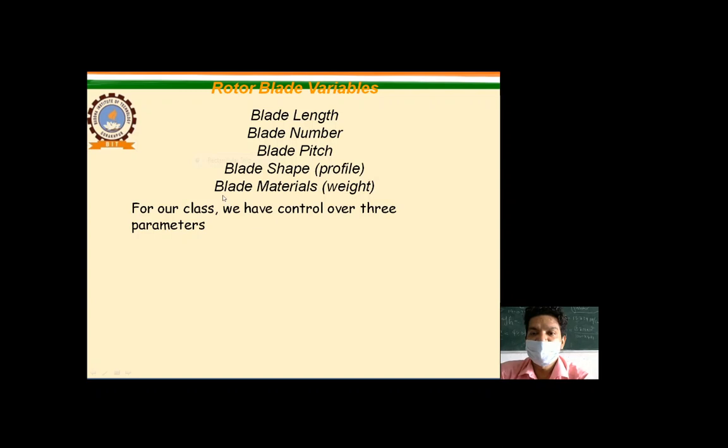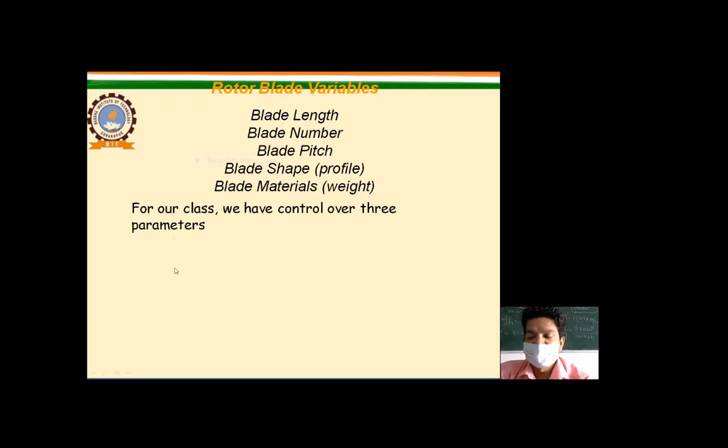If you use better materials for the wind turbine, then definitely the life of the wind turbine would be of good quality. But if the material is not of good type, then what happens? The failure chances will be more in execution.